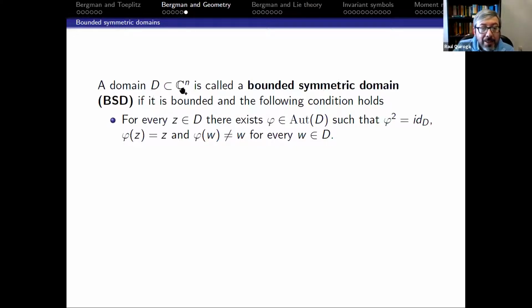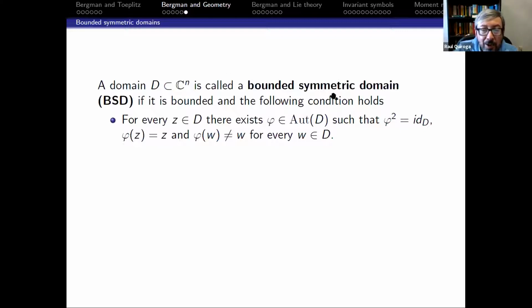A domain D in Cn is called a bounded symmetric domain, BSD, if it is bounded, and the following condition is satisfied. Somehow this condition is saying that there are lots of symmetries for your domain. The easiest way to do this would be to consider bounded homogeneous domains, but somehow that's not enough to get a good collection of bounded domains.